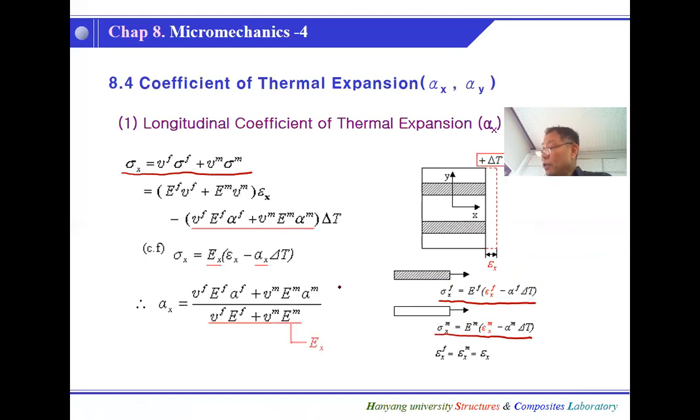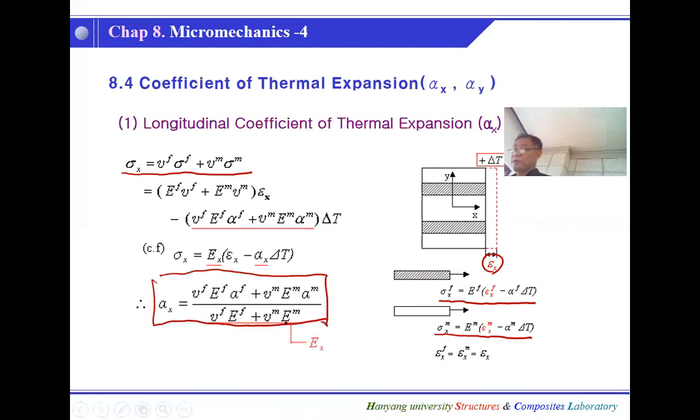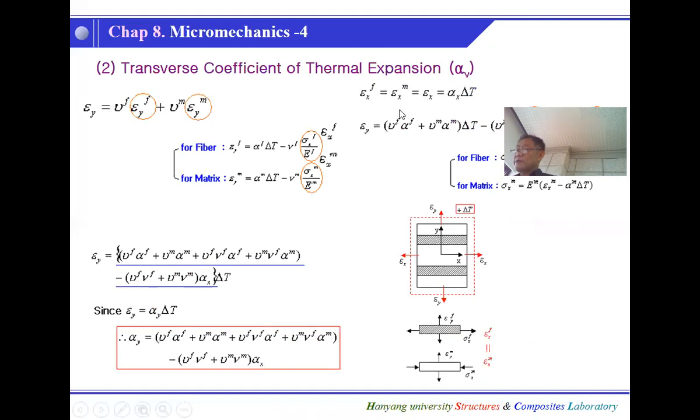Of course, we have the same EX. So with a little bit of mathematical procedure, we come up with these relations, which is very important. And Y directions, well, a little bit more complicated, but procedure-wise exactly the same.